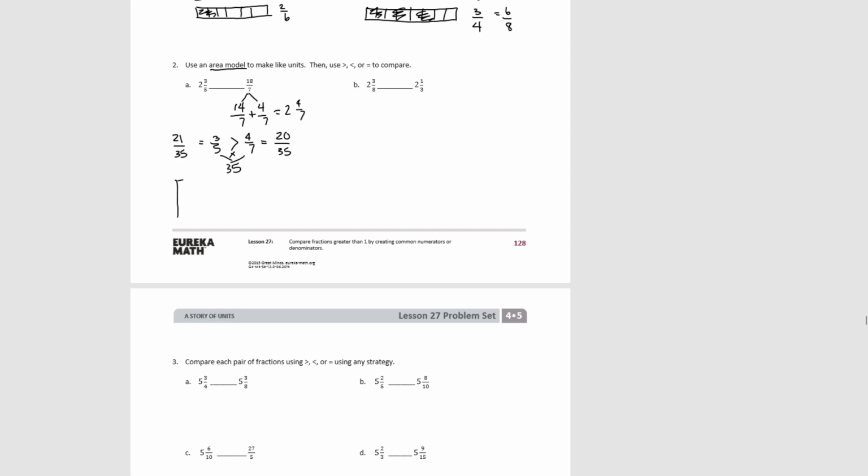In an area model, we have 3/5, and we're going to decompose again 7 times. And if we count, we have 21 35ths over here. We're going to start with 7ths, and we have 4.